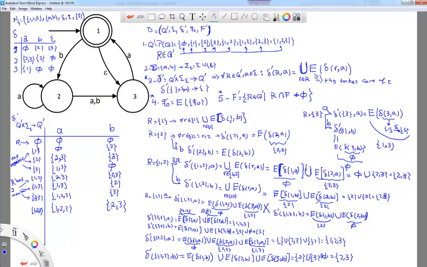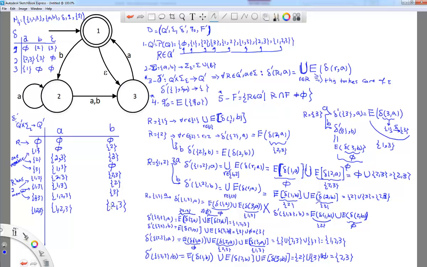And so here is my transition table. Basically what I did is that I listed all of the sets in the power set of my NFA states. Then for each symbol I went through and calculated the union of the transitions of my NFA for each symbol for each member of the set.